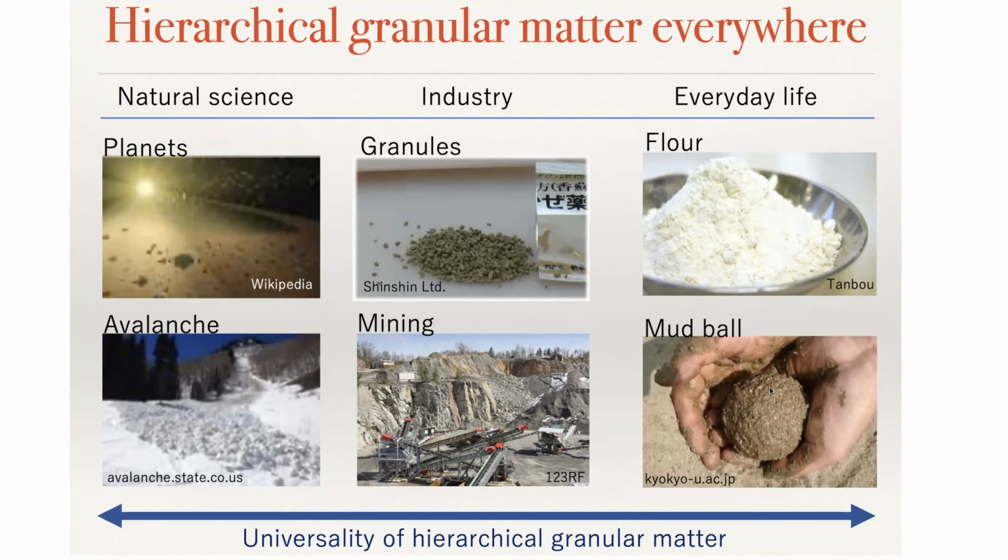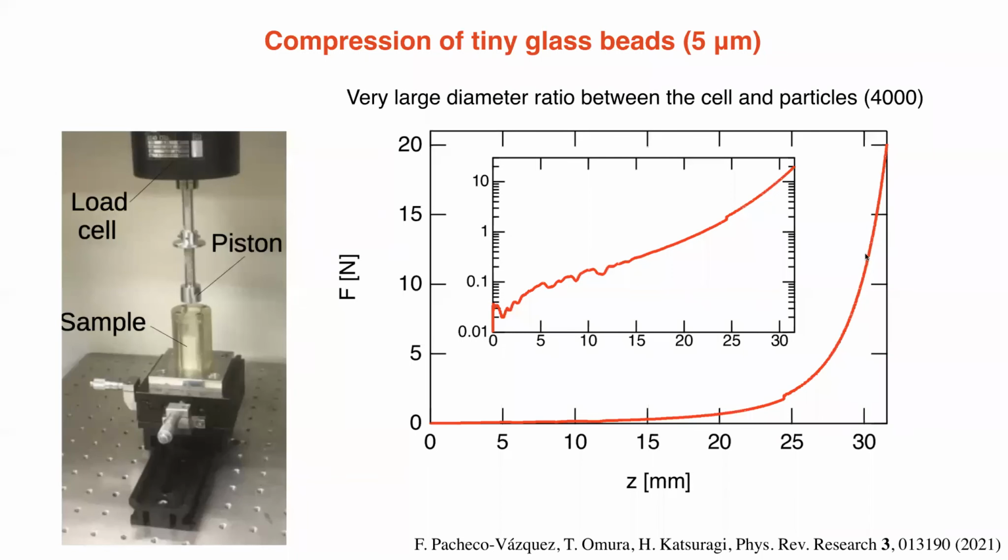Okay, so to characterize this, we started by characterizing the smaller particles. So we took tiny glass beads of the order of 5 microns. So they are basically powder. They are 5,000 times smaller than the size of the cell. So there is a large difference in the ratio of the cell and the particles.